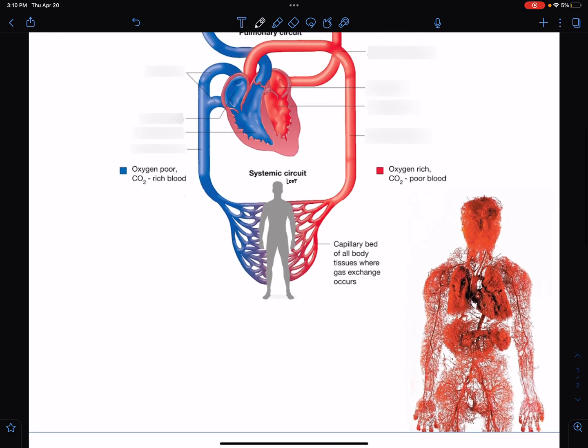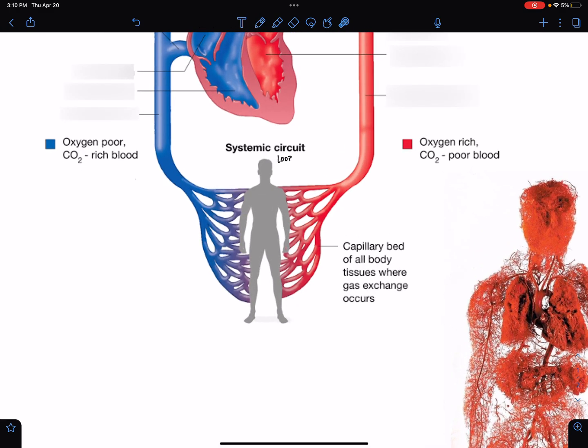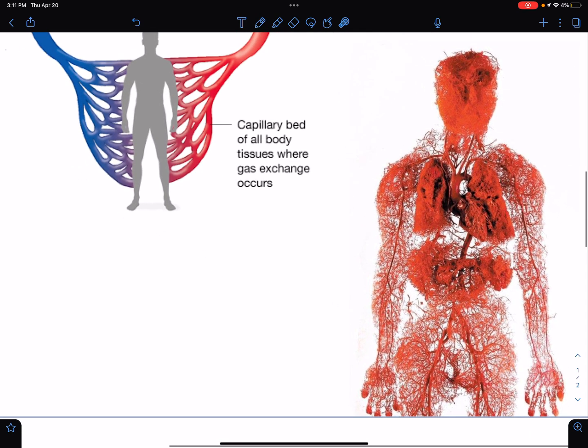Okay, so now we have oxygen-rich blood entering a capillary network within the body. And if you were to take a human being and you were to take everything away except for the capillaries, you would just see a shadow of the human with capillaries everywhere throughout their whole body.